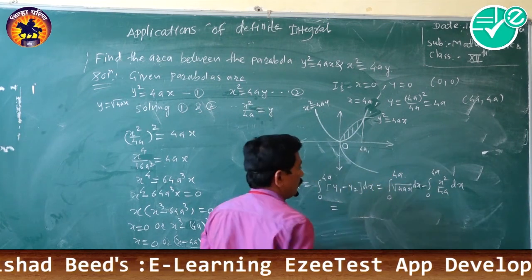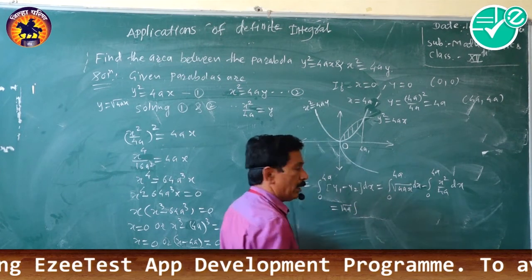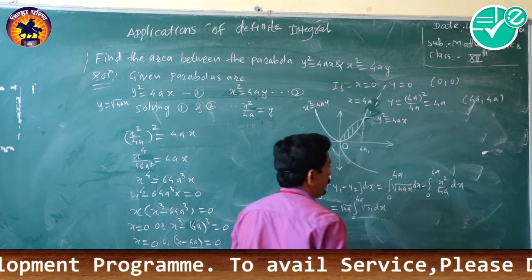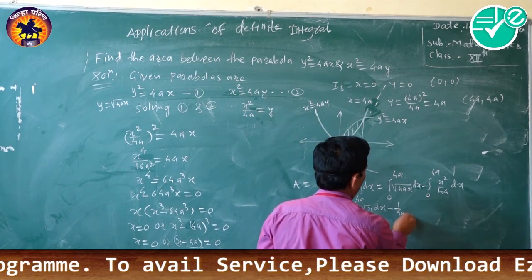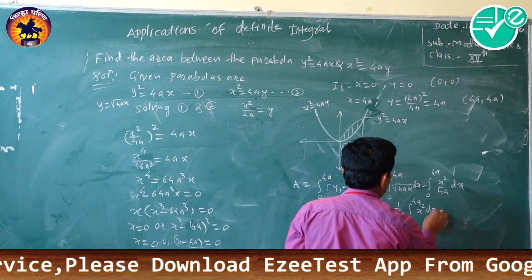This is equals to under root 4a, taking out of the integral 0 to 4a root x dx minus 1 by 4a 0 to 4a x square dx.